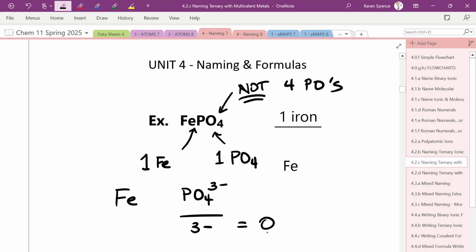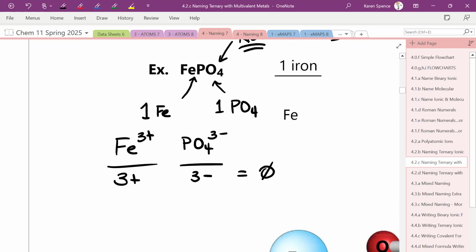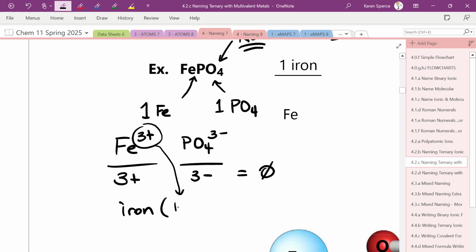Everything needs to equal 0, so I also need to have 3 plus, which means that it's iron 3 plus. And iron is in the red zone, so it's going to be iron Roman numeral 3 phosphate.